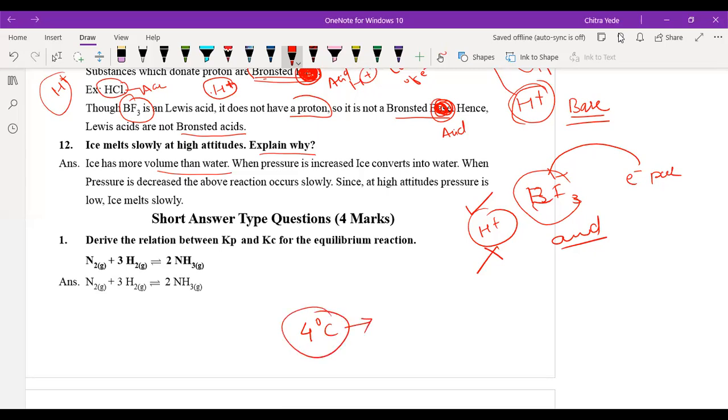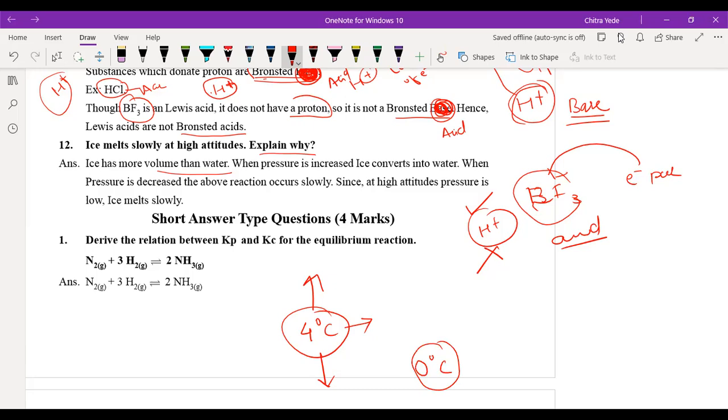Water has its highest density at 4 degrees Celsius. We know that ice forms at 0 degrees Celsius and lower temperature. That means ice will have higher volume than liquid water. That's why ice floats on water.